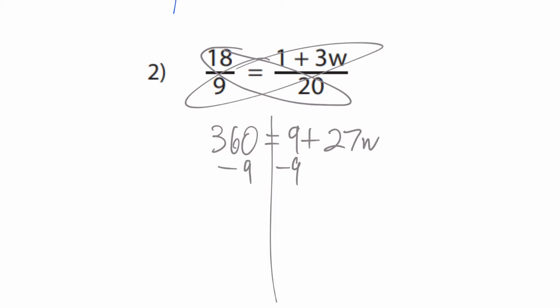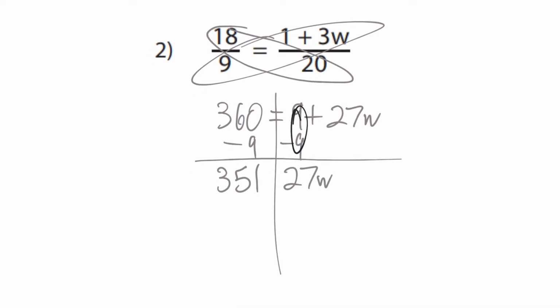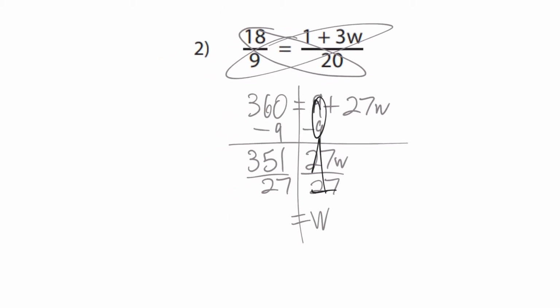All right, I'm going to subtract 9 on both sides. This zeroes out. This leaves 351 equal to 27w. Divide both sides by 27. And it gives you 13.